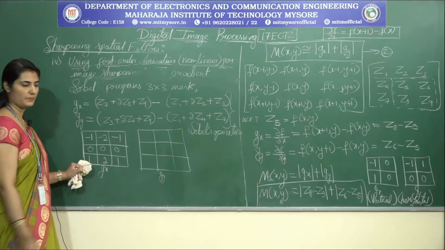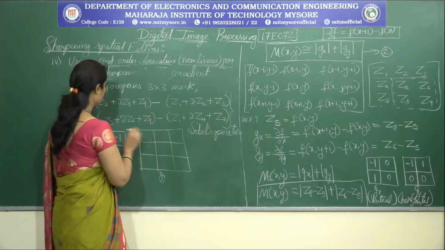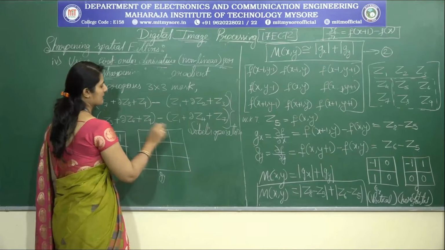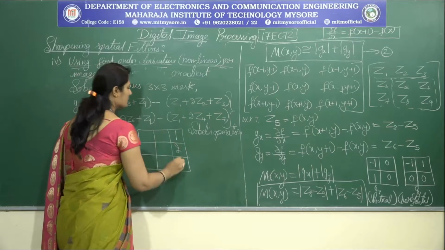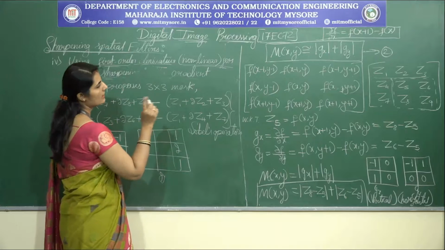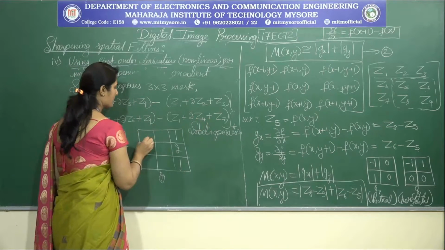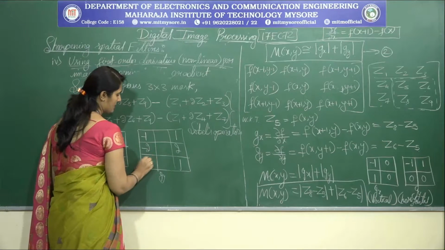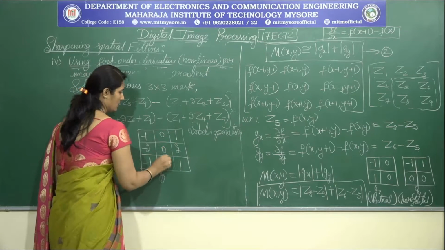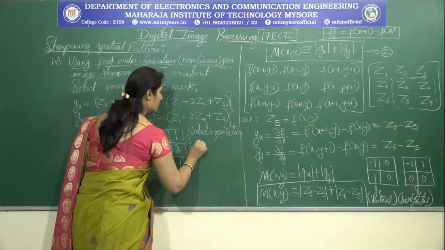Remaining it is 0. Okay. So for Gy it is z3, z6, z9 with 1, 2, 1, minus z1, z4, z7 with 1, 2, 1. So these are called Sobel masks.